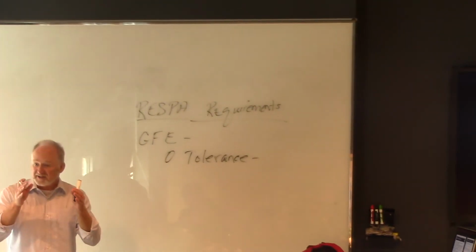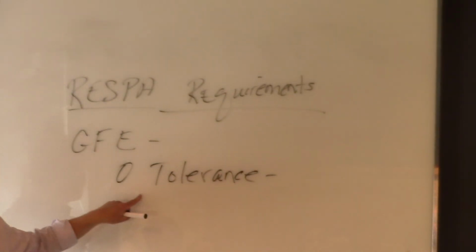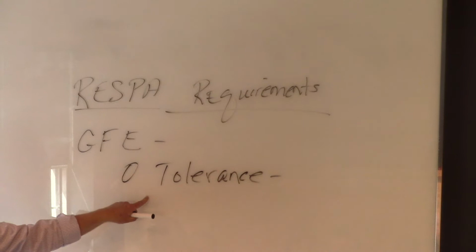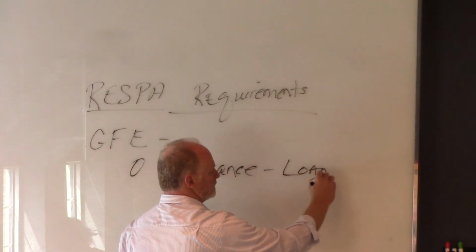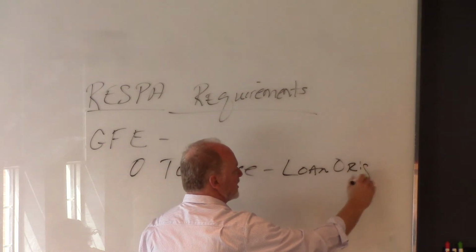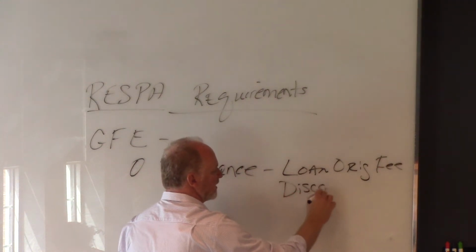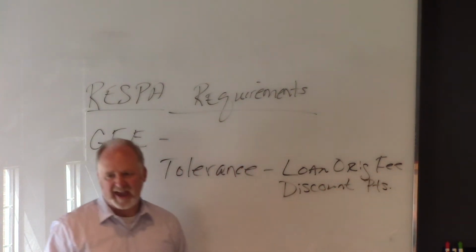But assuming you stay in the same loan from the time they make you this quote to the time you close, there are some numbers that literally cannot change. Let me give you examples of those and then you tell me why. Your loan origination fee. Your discount points. Once those are quoted to you, if you stay in that loan, they cannot change.